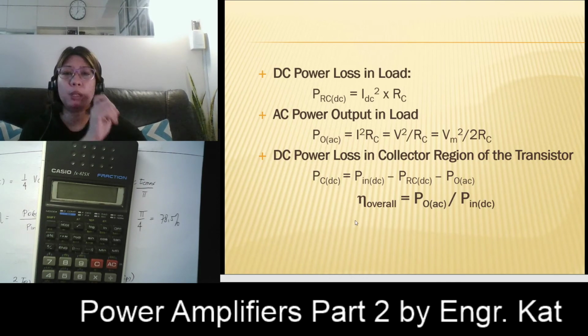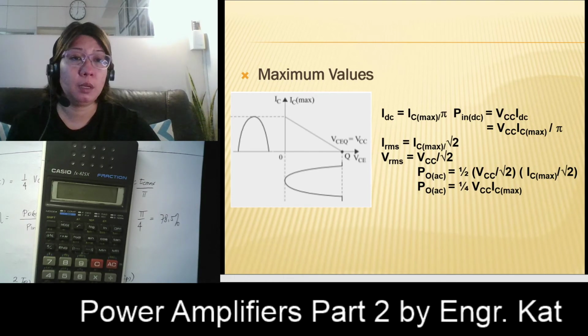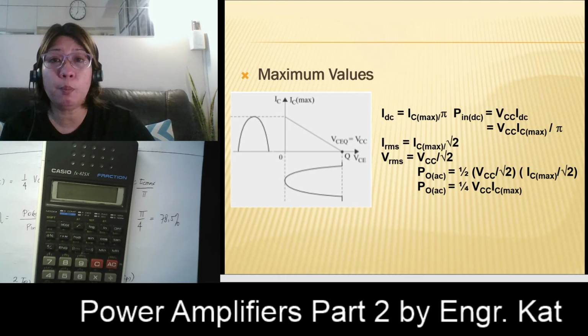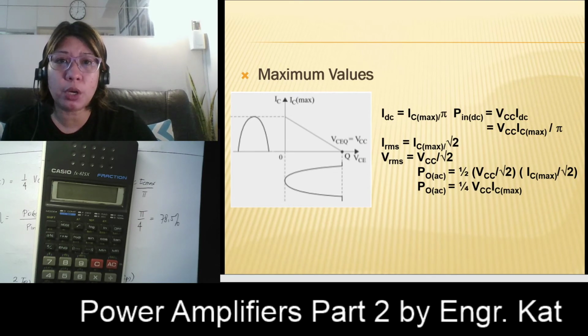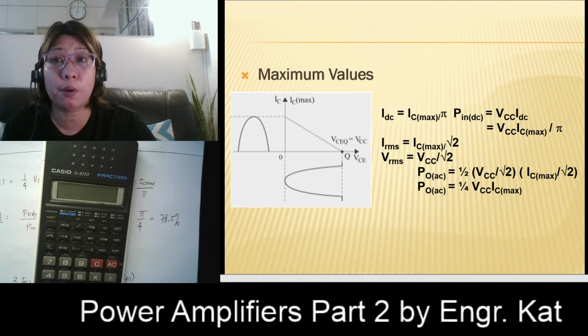Now, the overall gain is still the same. It is POAC divided by P in DC. So, for maximum values, we're going to make use of the saturation and the cutoff region. So this is your Q point. Therefore, we have an input voltage which is equivalent to your VCC. So VCE is equivalent to your VCC.